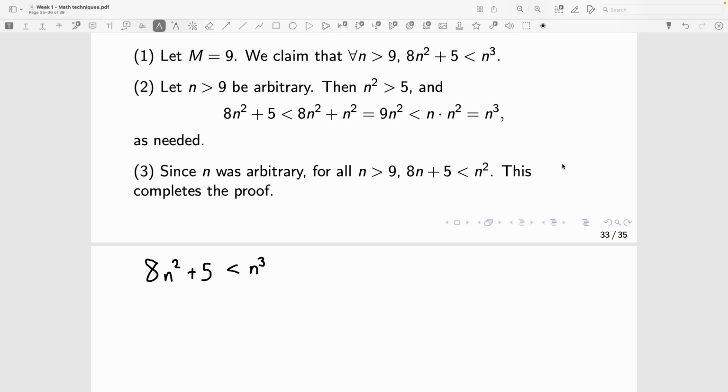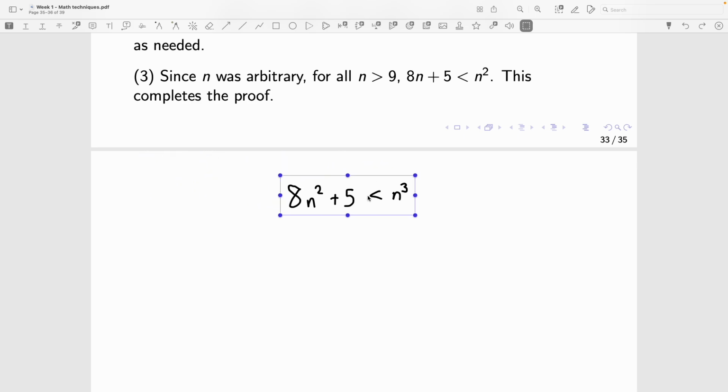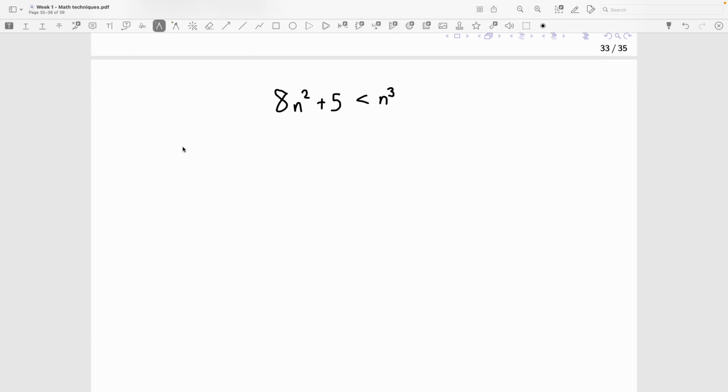Well, maybe we can say that n. Wait, how am I going to organize this? I think I'm going to move this a bit to the side. And then write down guesses that we're making at the value on the other side.